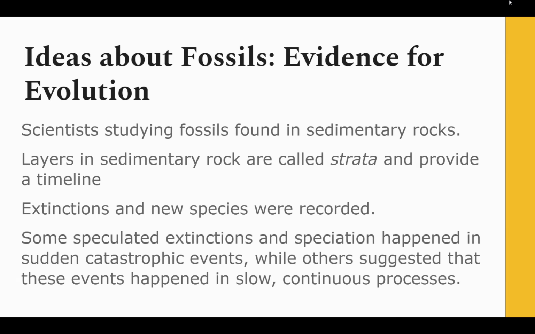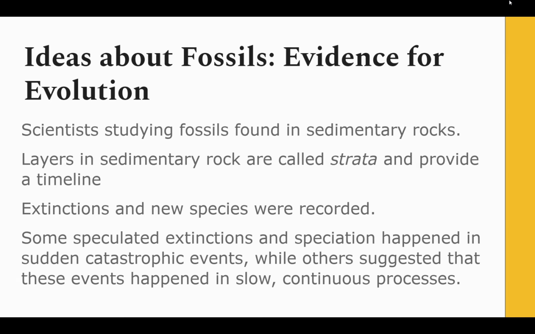And as we were looking through these strata, we found that some species appeared in more than one level, and then they'd disappear, and then new species would appear, and then some species would disappear, and then new species would appear over time. So they've essentially recorded these mass extinctions and new species coming on the scene.